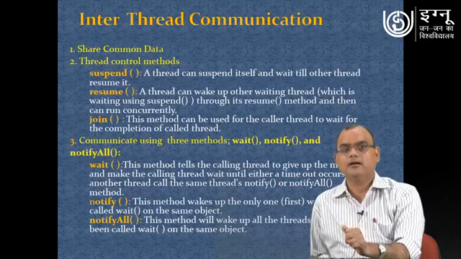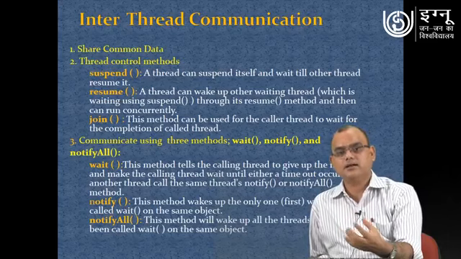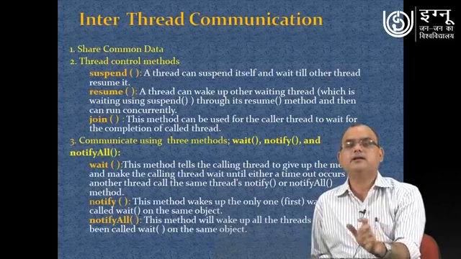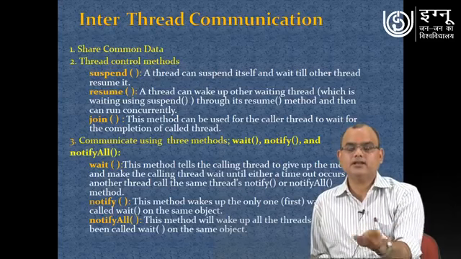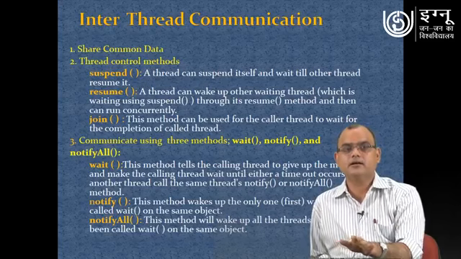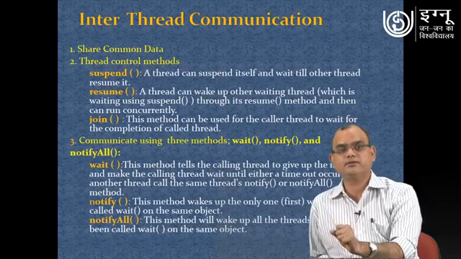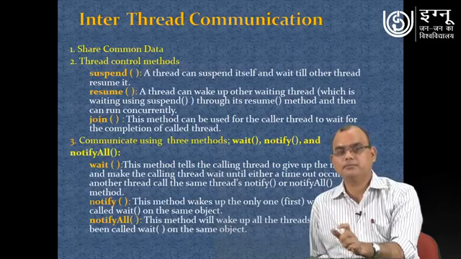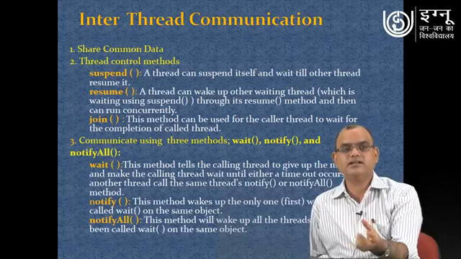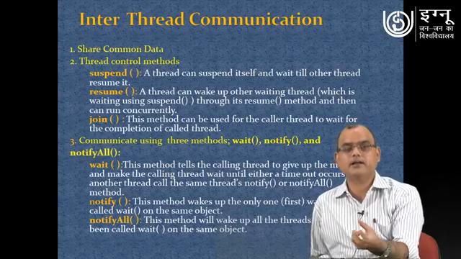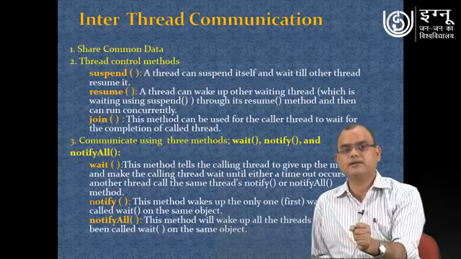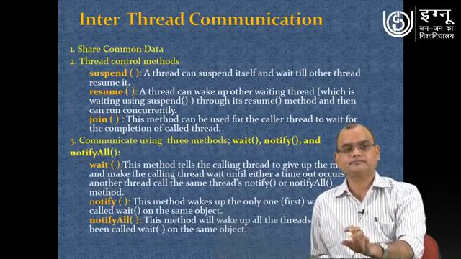And one more aspect is inter-thread communication. In inter-thread communication, there is some common data, and that common data can be used by multiple threads. As we have seen in one of our examples, we had one common data available to be accessed by the different threads.